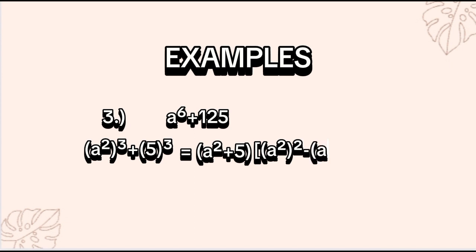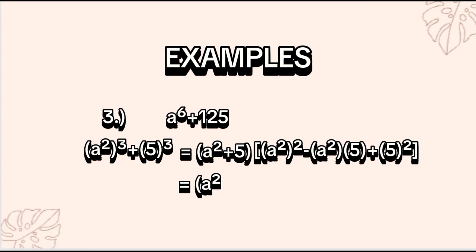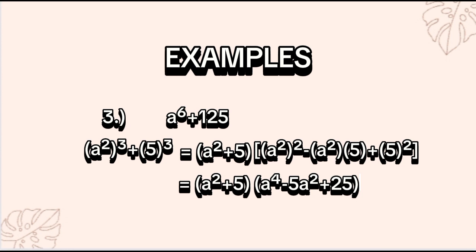Then subtract the product, minus a squared times 5, plus the square of 5 is 5 squared. Copy the quantity a squared plus 5 times the quantity a squared squared is a raised to 4, minus a squared times 5 is 5a squared, plus 5 squared is 25. So the final answer is the quantity a squared plus 5 times the quantity a raised to 4 minus 5a squared plus 25.